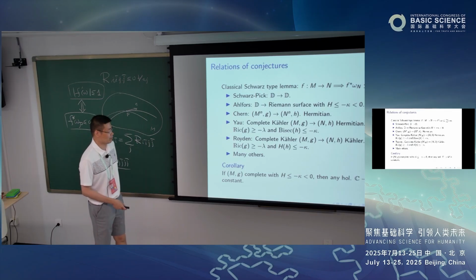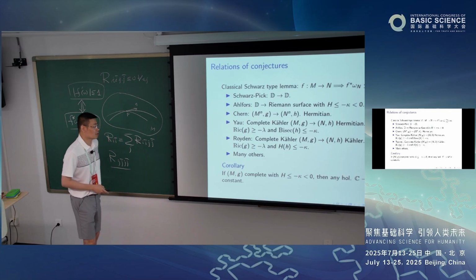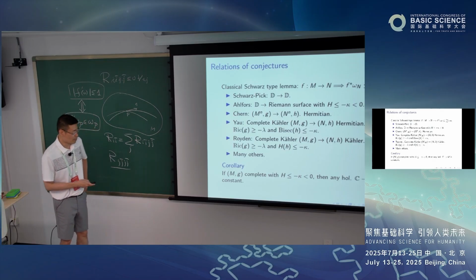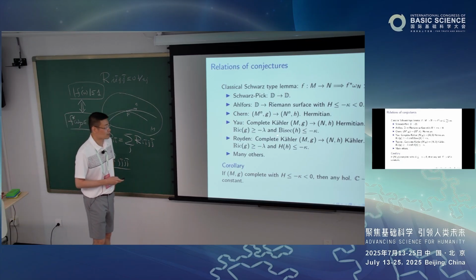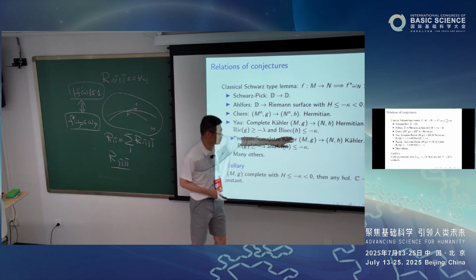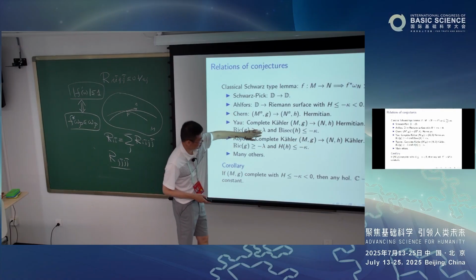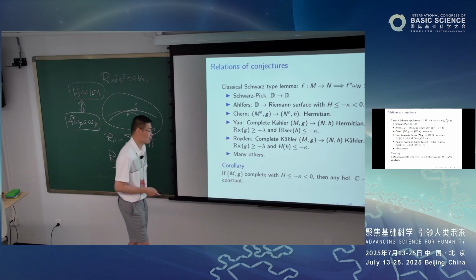It has a Kähler condition, but needs to be complete. And it's Hermitian. So here, for the domain, you need to have a Ricci lower bound. For the target, the bisectional curvature has a negative upper bound. So here, this needs to be negative, and this doesn't need to be. Well, this is a bound, right? This needs to have a negative upper bound.